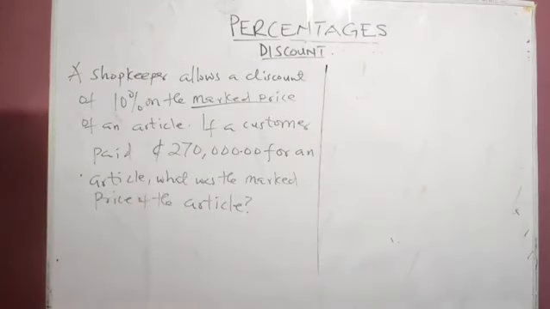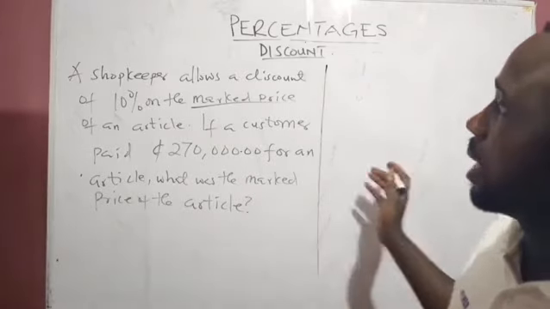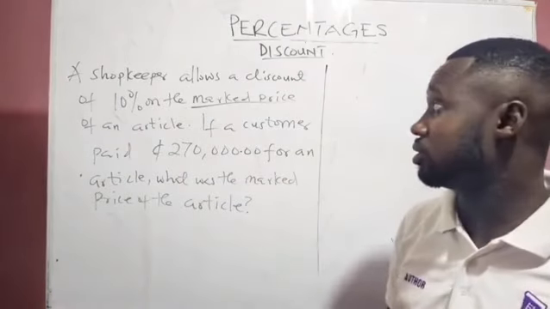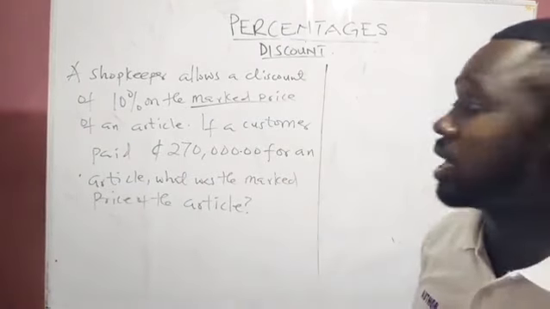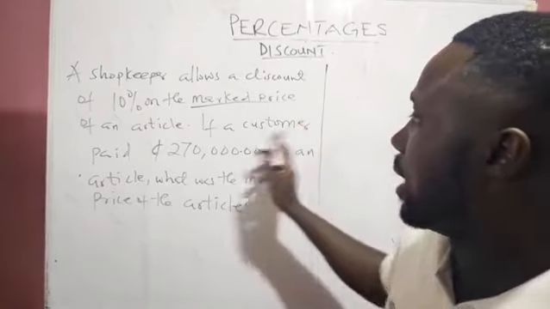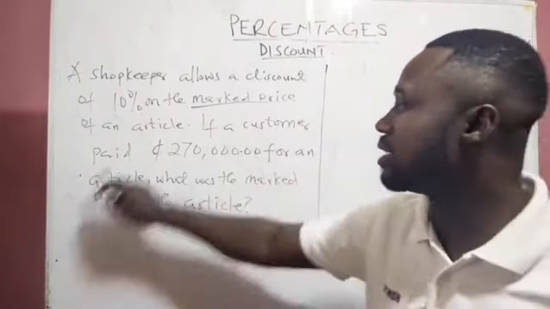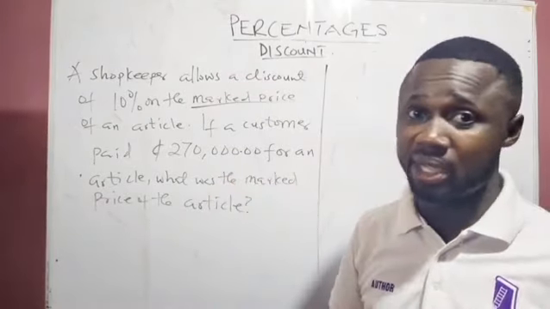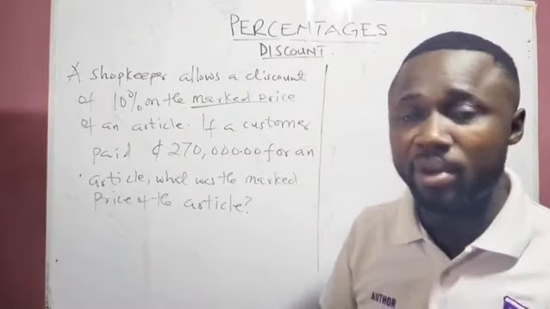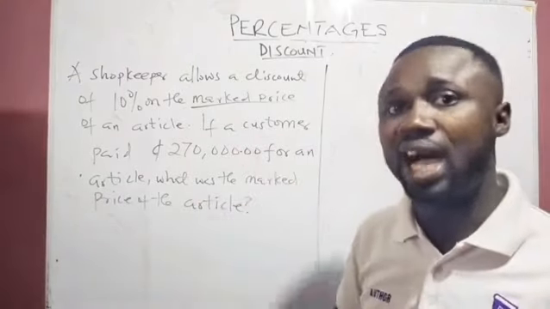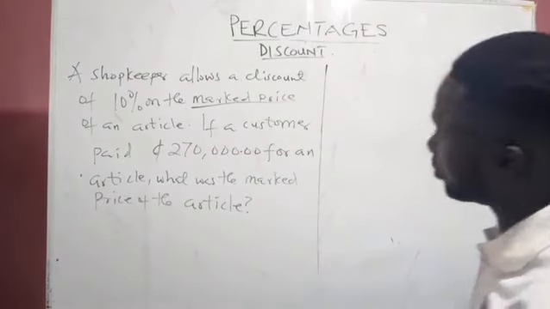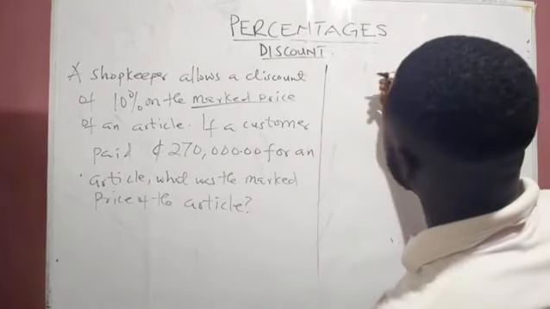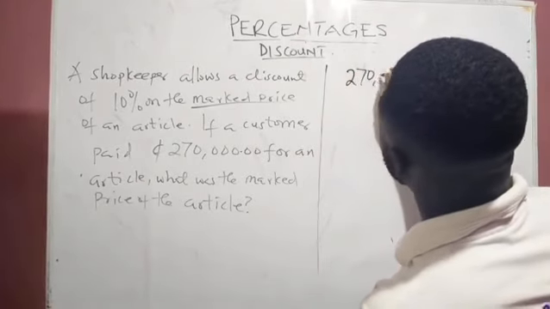Okay, so what happens here is that a shopkeeper is selling something. He says, okay, I'm giving 10% discount on the original price, or the marked price, and the customer goes to buy and pays 270,000. It means this 270,000 was not the original price or the marked price. It was the amount the customer paid for the article after the discount. All right. So this is the new price, the 270,000. What's the new price?